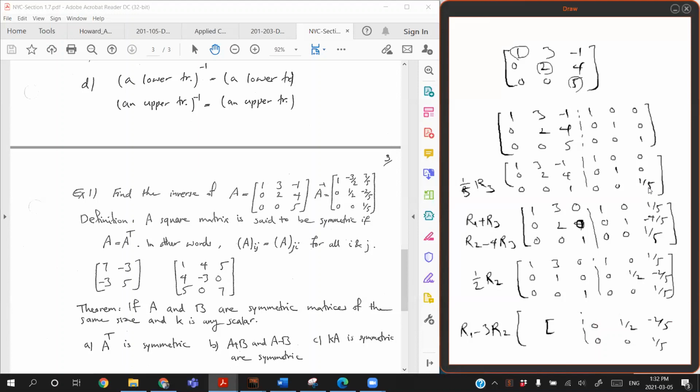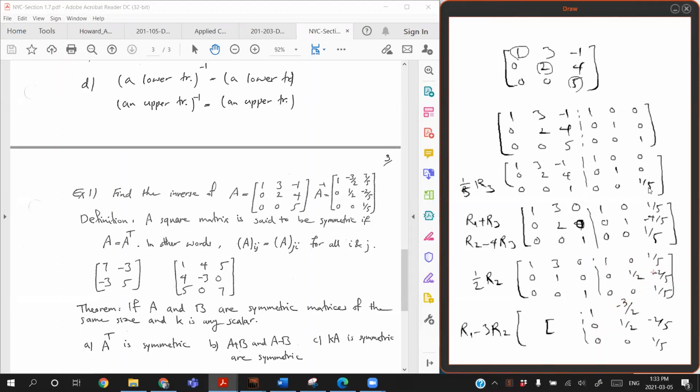And then if I do 3 times this added to this, 3 times this one. So am I doing it correctly? No, 3 times this. 3 times this added to this, 3/2, -3. -3 times this, -3/2 added to this, -3/2.